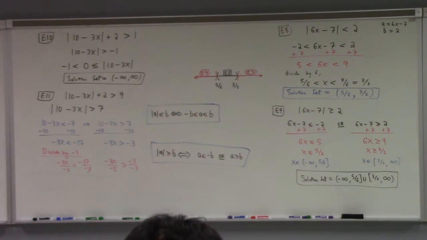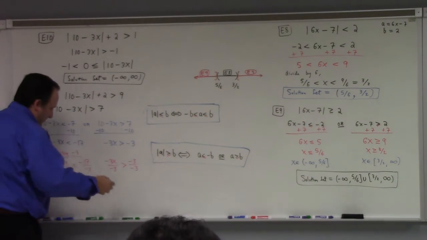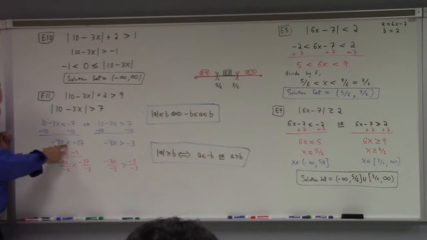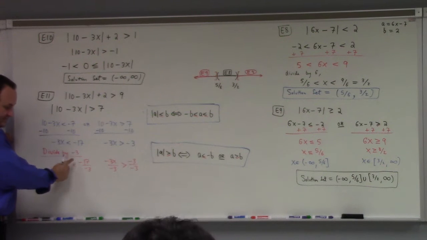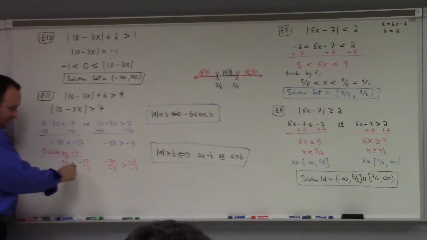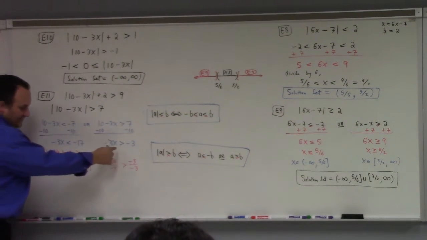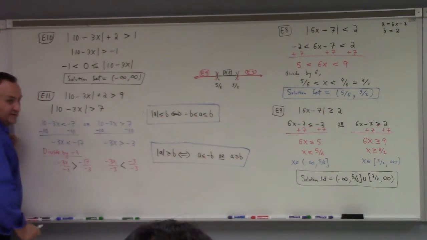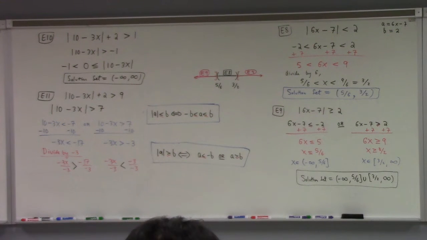You haven't simplified? Well, that's part of it, but a lesser issue. The issue is when we divide by minus 3, we have to change this to that, right? Greater than becomes less than when we divide by minus 3. So don't forget to flip the inequalities.